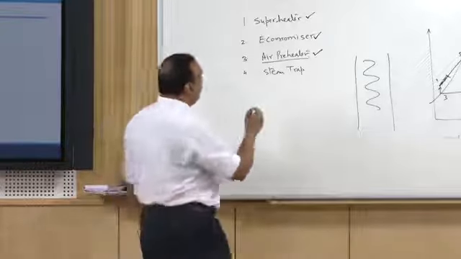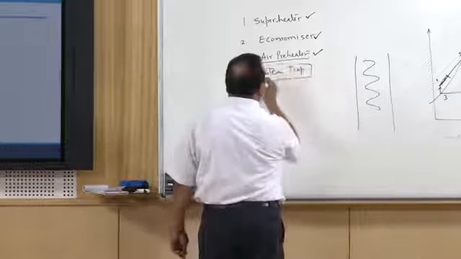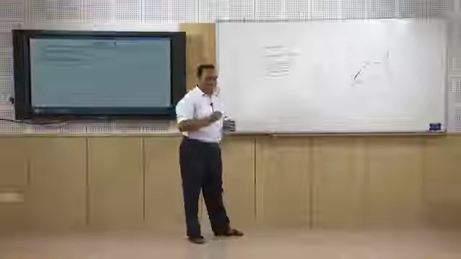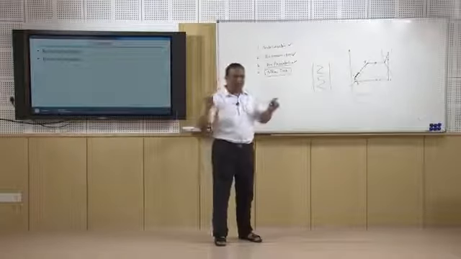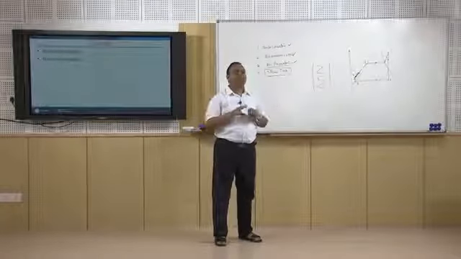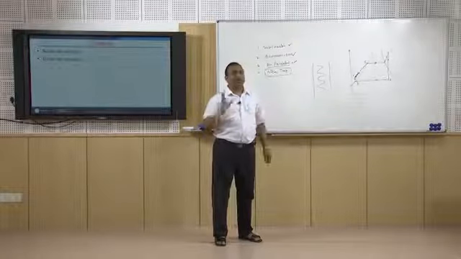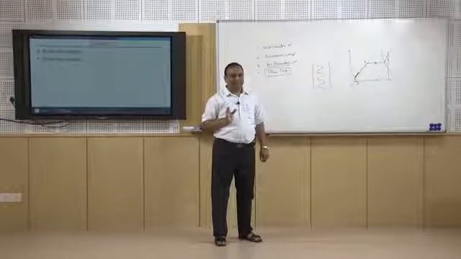In addition to that, there is a device which is known as a steam trap. Now, what happens when there is a flow of steam in a pipe? Pipes are insulated, but no insulation is perfect, right.